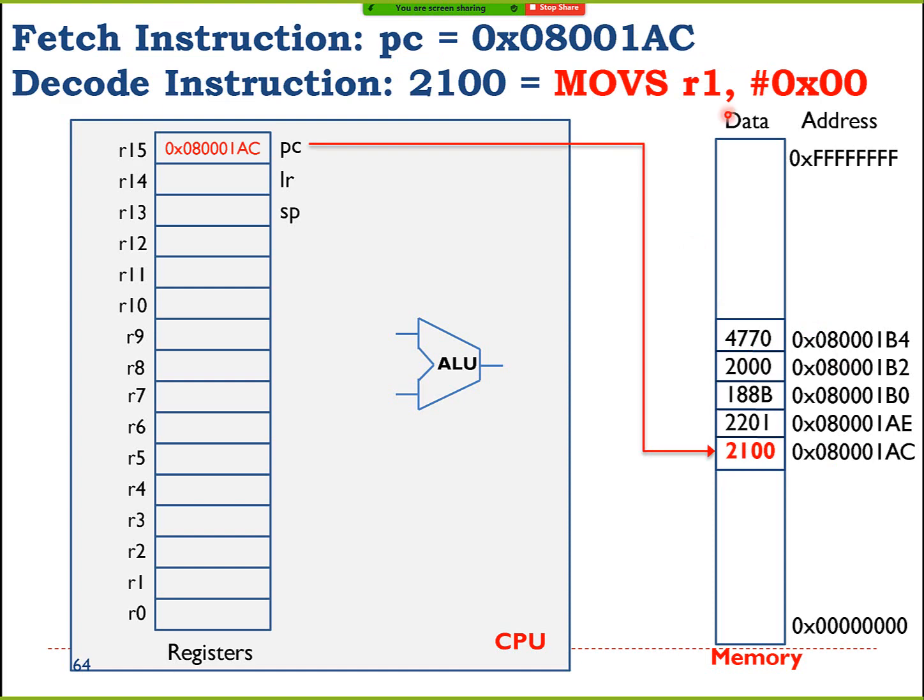So let's say my program counter, which holds the address of the instruction to be executed, is pointing to this address. It means it's pointing to this memory location. So I need to go get this instruction, and I will be getting 2100.